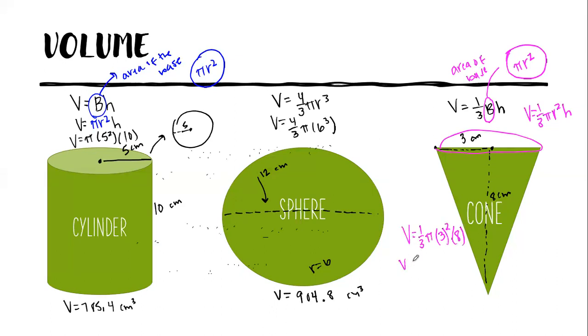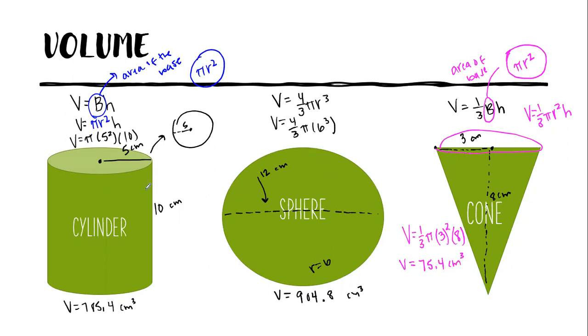So go ahead and put that into decimals. Yes, good job. So when you put it into decimals, you should get 75, and we'll round to the nearest tenth place, so 75.4 centimeters cubed.